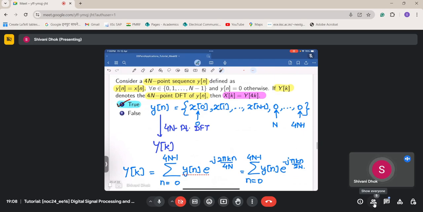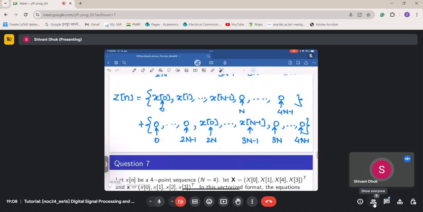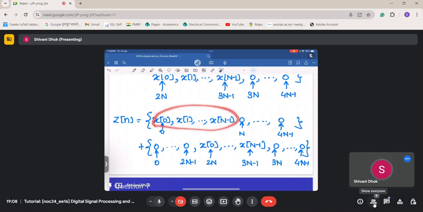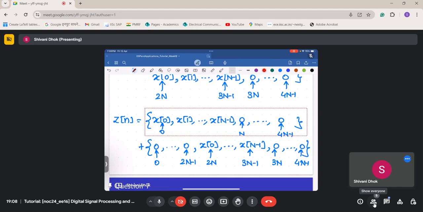It is initially x of n and 0 otherwise. So in the first sequence, this part is x of n, and for the remaining 3N values it is 0. So this particular sequence here is y of n.